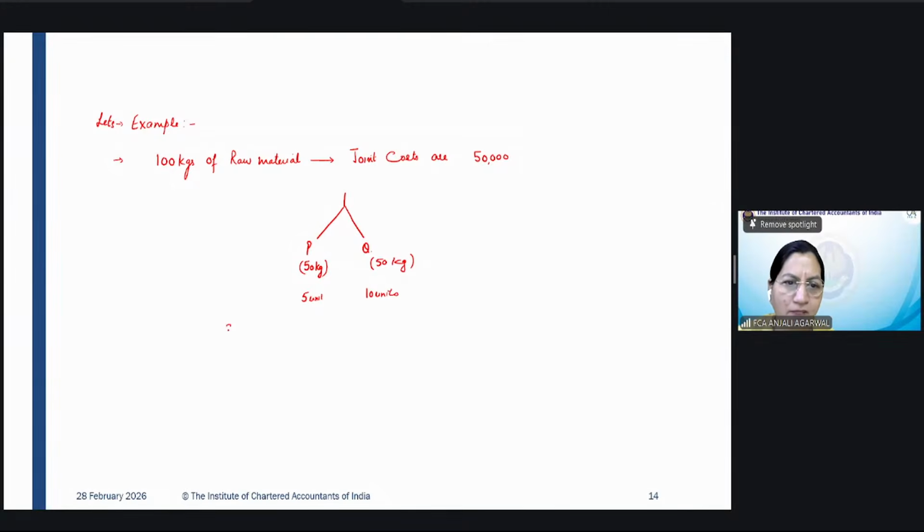P is sold at the rate of 20 rupee per unit and Q is sold at the rate of 15 rupees per unit if they are sold as it is.